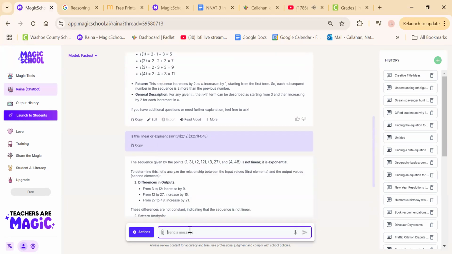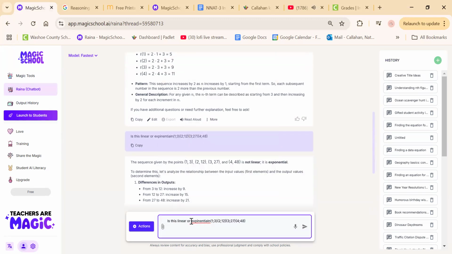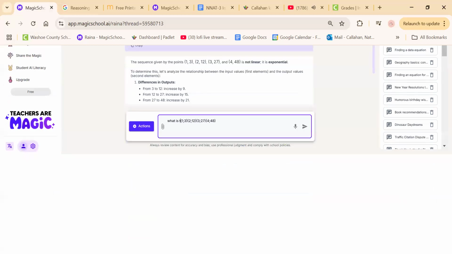So it is not linear, it's exponential. So the next question I want to ask is, what is the equation? That's not easy to do.